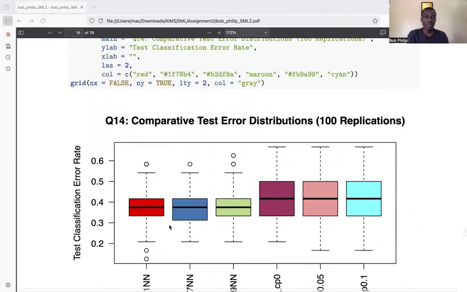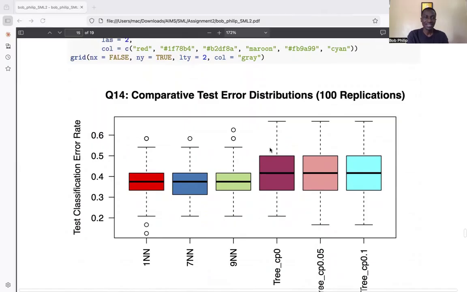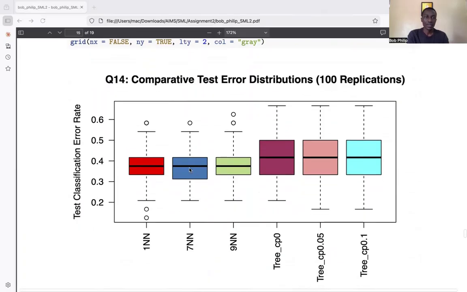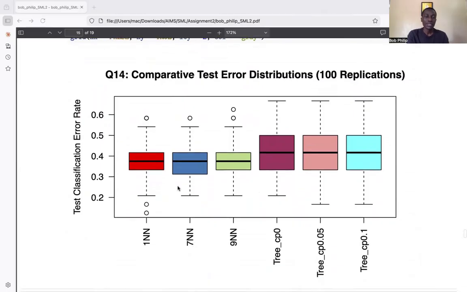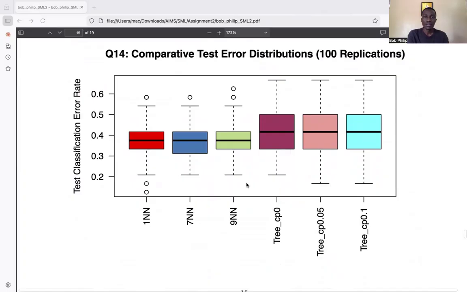Comparing to visualize the statistics, you can see 0.4, 1NN having the highest error rate, and in terms of variance, it has the highest variance, with the tree CP0 also leading the trees.